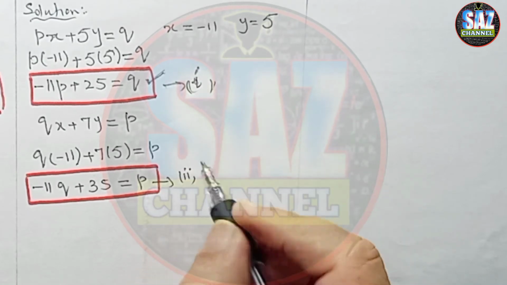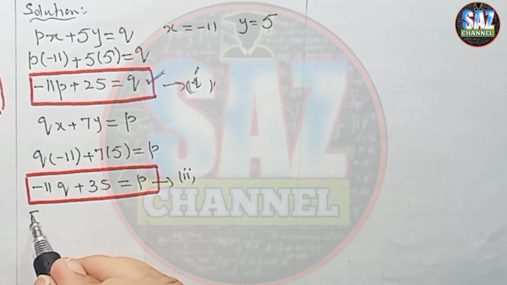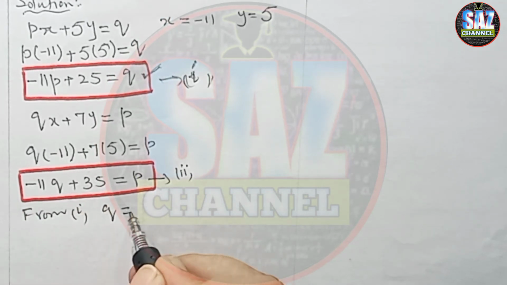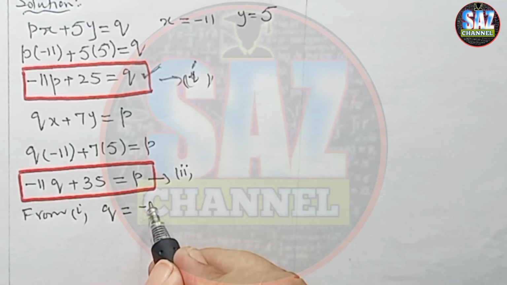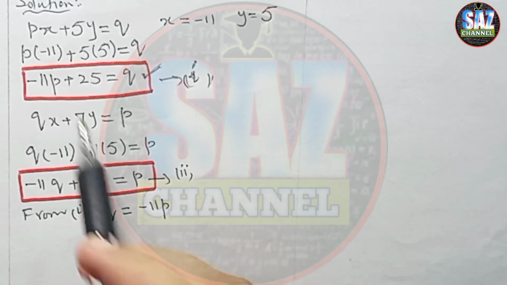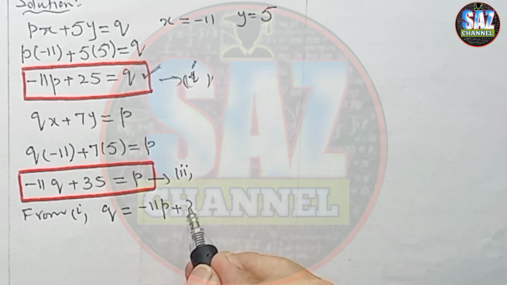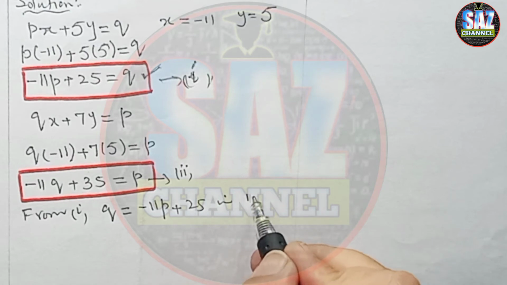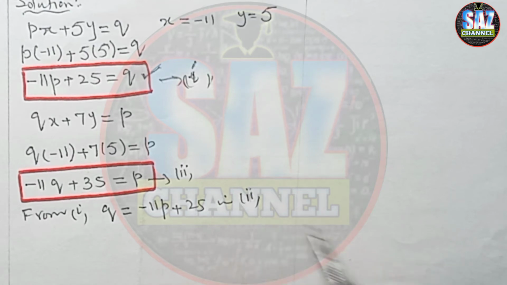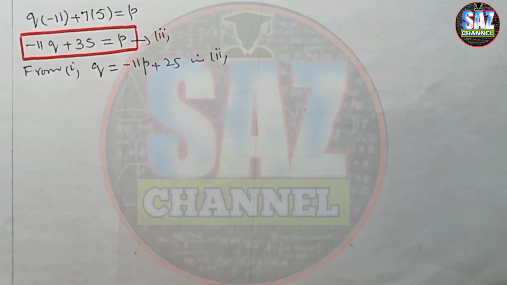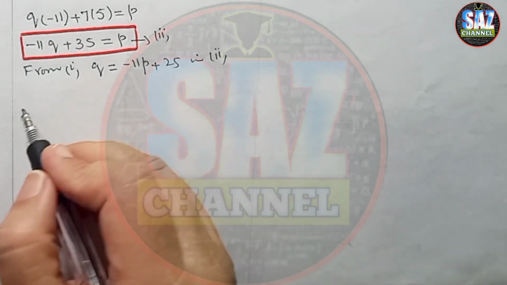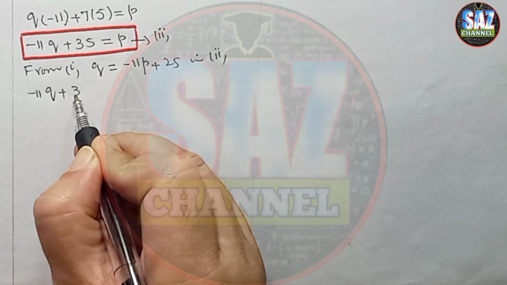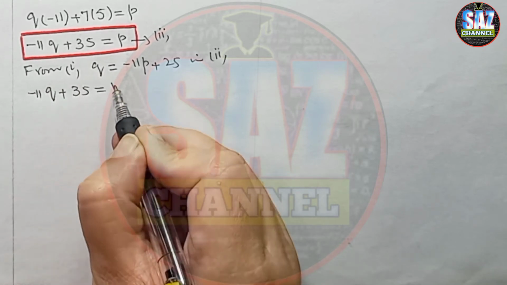From equation 1, I can replace q equals minus 11p plus 25 in equation 2. Now equation 2 is minus 11q plus 35 equals p.